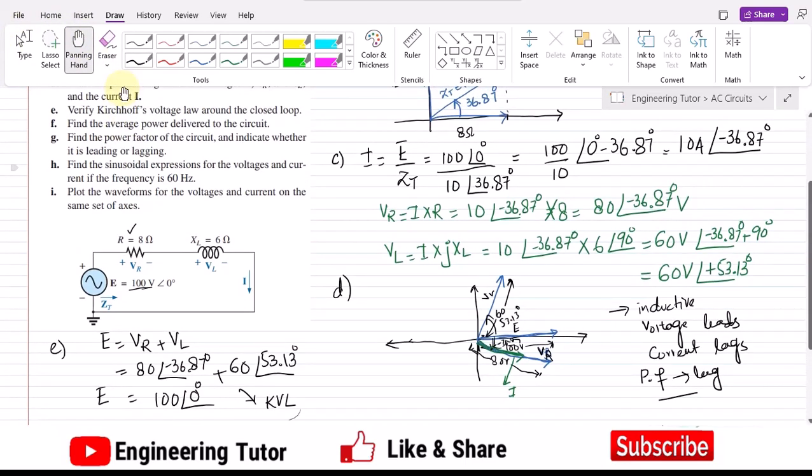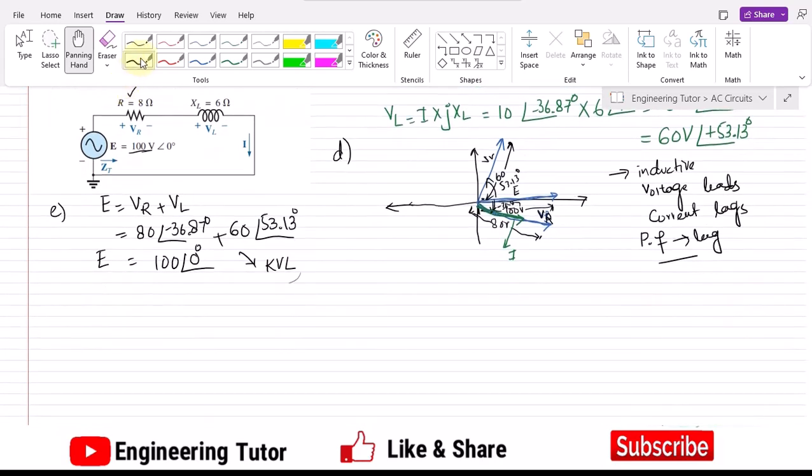Similarly, find the average power delivered to the circuit. In order to find the average power, this is P, and P is the average power. So EI, and as that is the average power which contains only the real power, I also have to encounter the angle between the voltage and current.